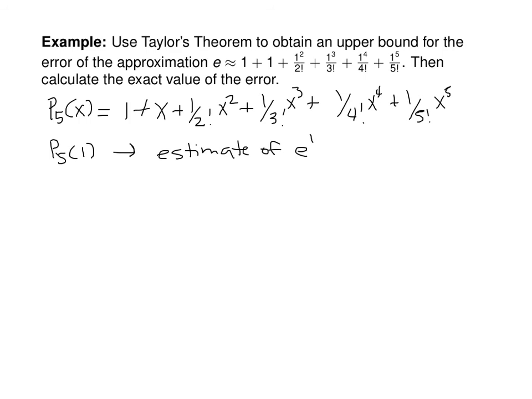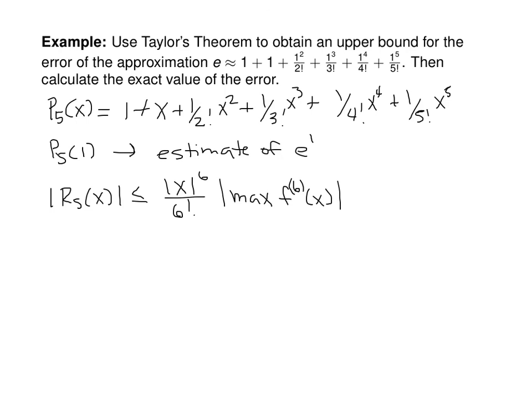Now, Taylor's theorem says that the remainder here is less than or equal to your x value to the 6th power over 6 factorial multiplied by the absolute value of the maximum of the 6th derivative. And in this case, our x value was 1, so our remainder is less than or equal to 1 to the 6th, or 1, so 1 over 6 factorial.